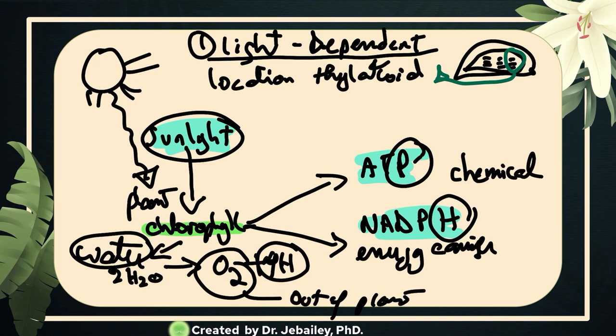You need to know this process. There's a name for this process, and it is known as photolysis. Now, the word photo means light, and lysis means cut. So you're cutting with the light. The sunlight is cutting the water and releasing oxygen out.